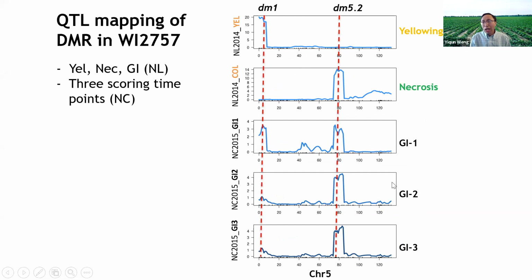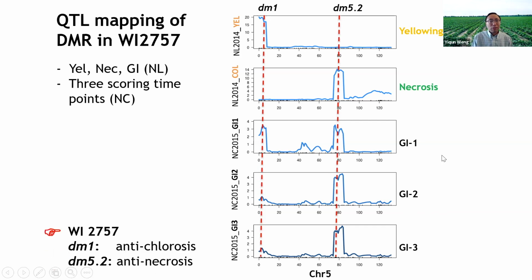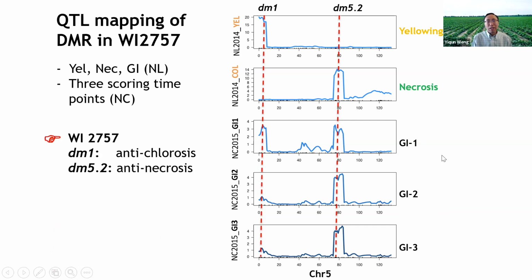If you use general impression, which is a summation of chlorosis and necrosis, you're going to detect both, of course, depending on what time point you score. So in 2757, there is an additional QTL in addition to DM1. This is the conclusion from the QTL mapping studies.